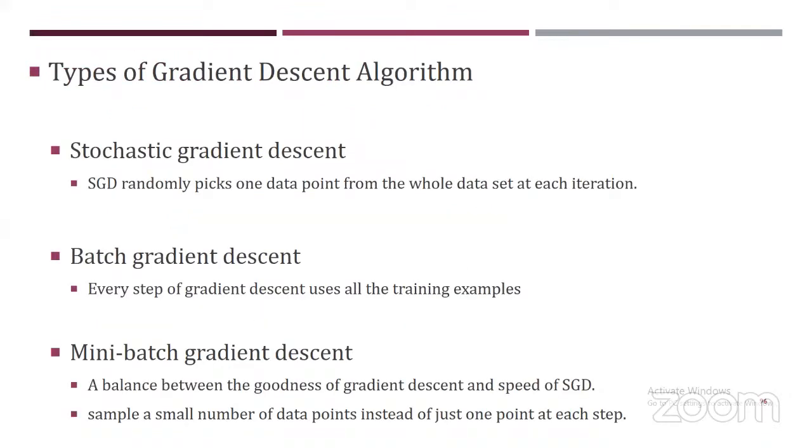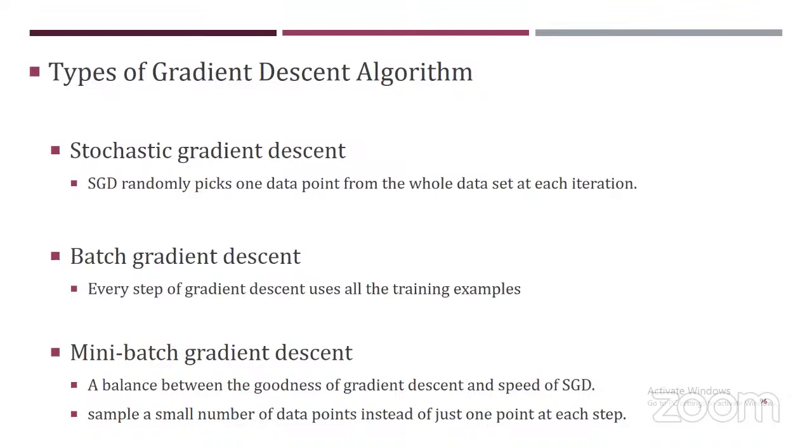Now this is another part of it: how you can do the adjustment. When you use this optimization algorithm, here the gradient descent, there are 3 ways to do the adjustment. In all the cases, whether it's stochastic, batch or mini batch, we are going to calculate the value of the coefficients, the thetas.